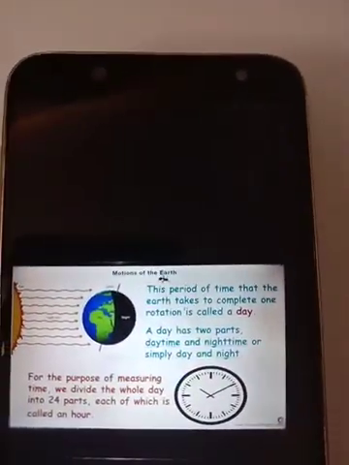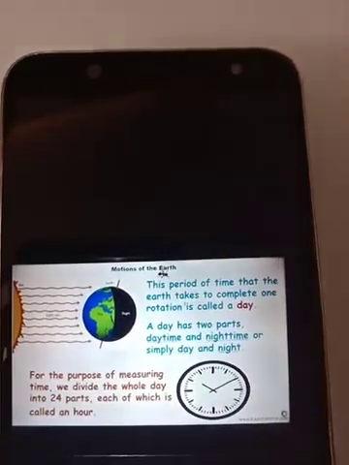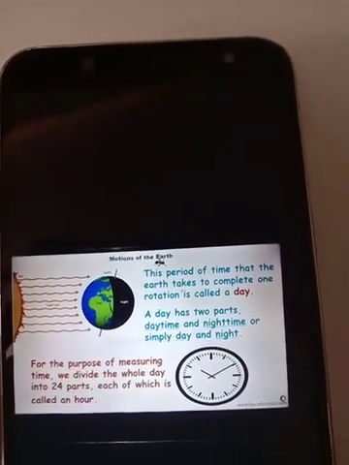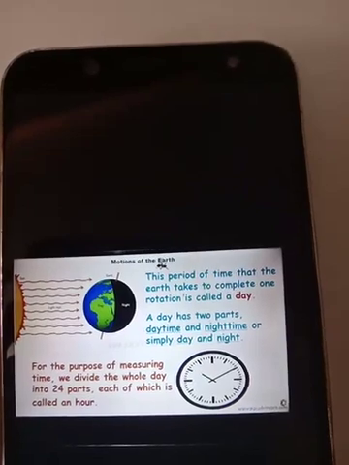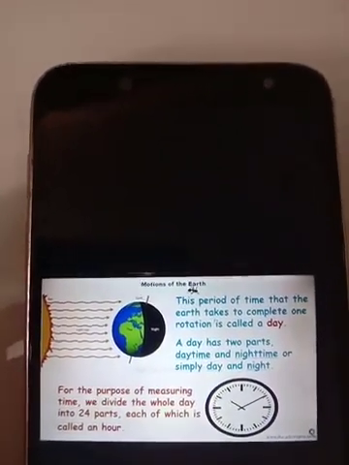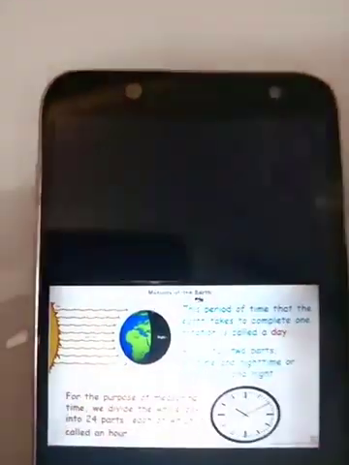See children, this period of time that the earth takes to complete one rotation is called a day. Here, this part is facing sun, so it has day.